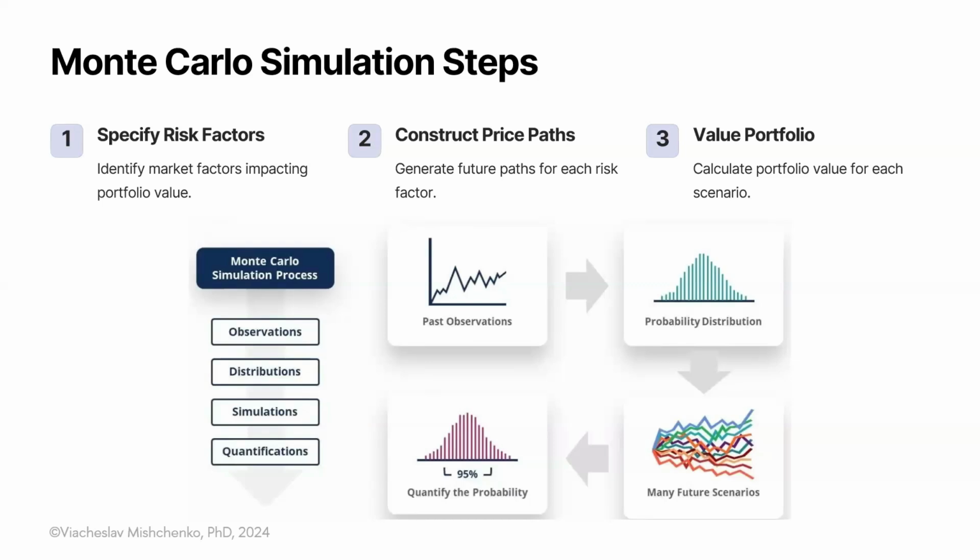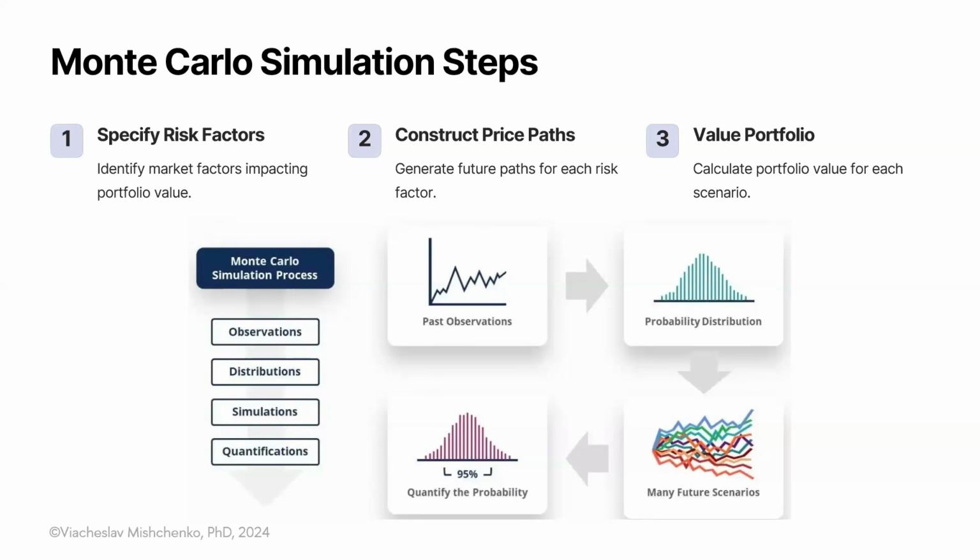For example, let's say we are managing a global equity portfolio. Then we might model stock prices using geometric Brownian motion, with parameters estimated from historical data. For interest rates, we might use a mean reverting process like the Vasicek model, which is widely used for interest rate simulation for the purpose of value at risk assessment.